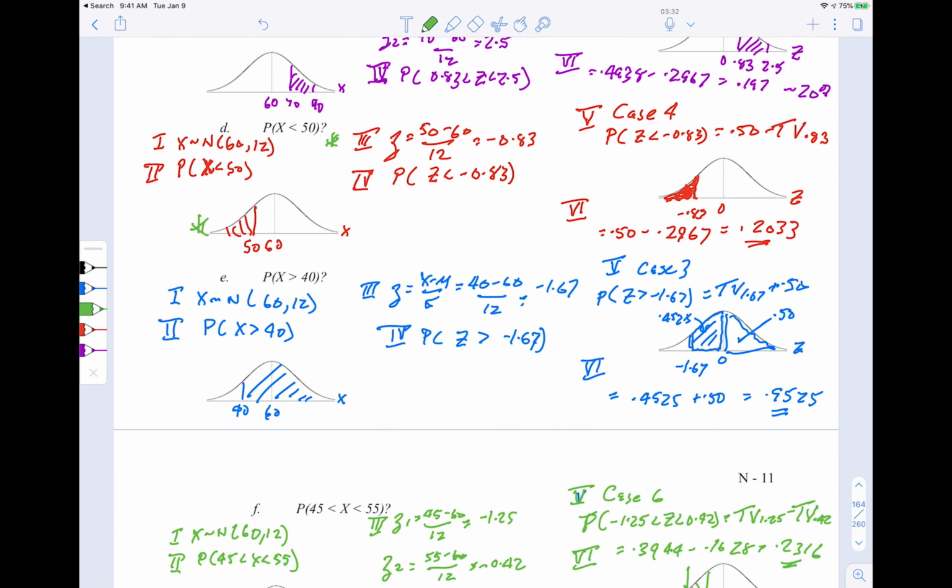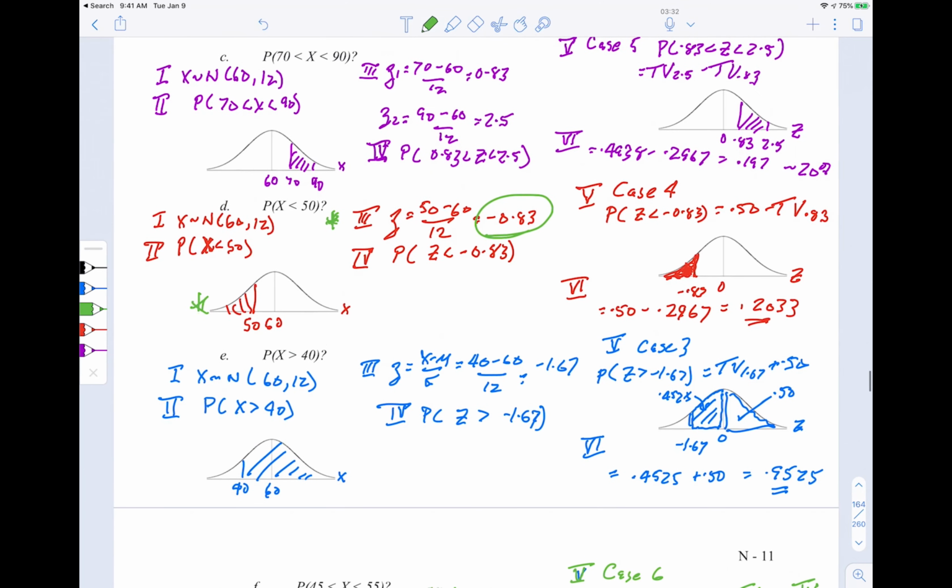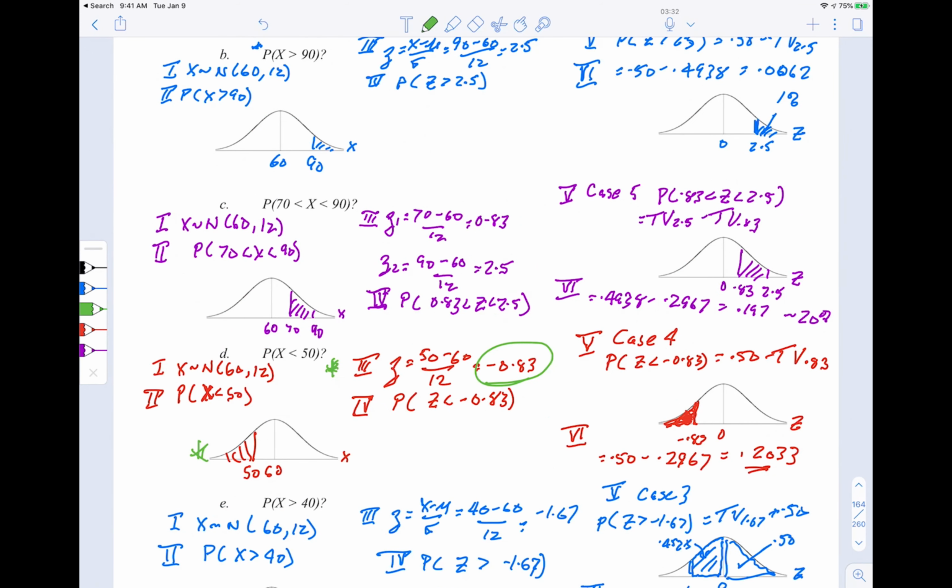We standardized this and came up with a Z value, and then we went to a table and found that the probability associated with this area in here was about 30%, so what was left over in the shaded part here was about 20%. So that was the answer that we got.